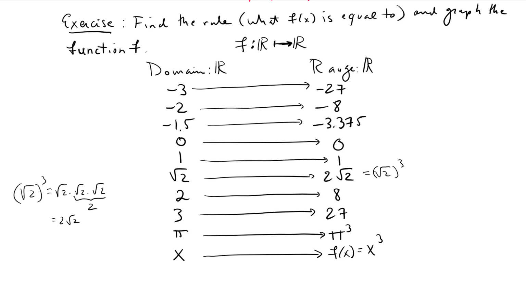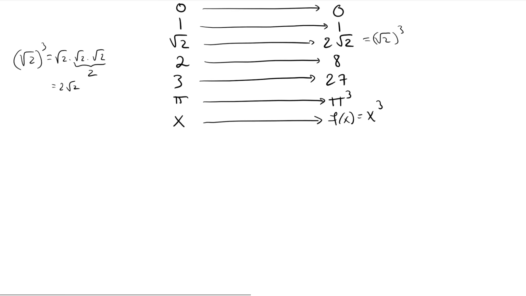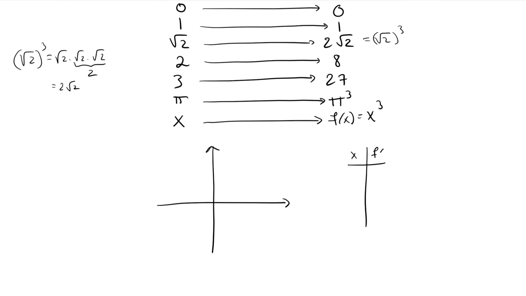Now, if we're going to graph this function, I don't have to select all the numbers I had before. Maybe in a little table I can select a few of them. With minus 2, it's going to be minus 8. Minus 1, it's going to be minus 1 if you cube it.